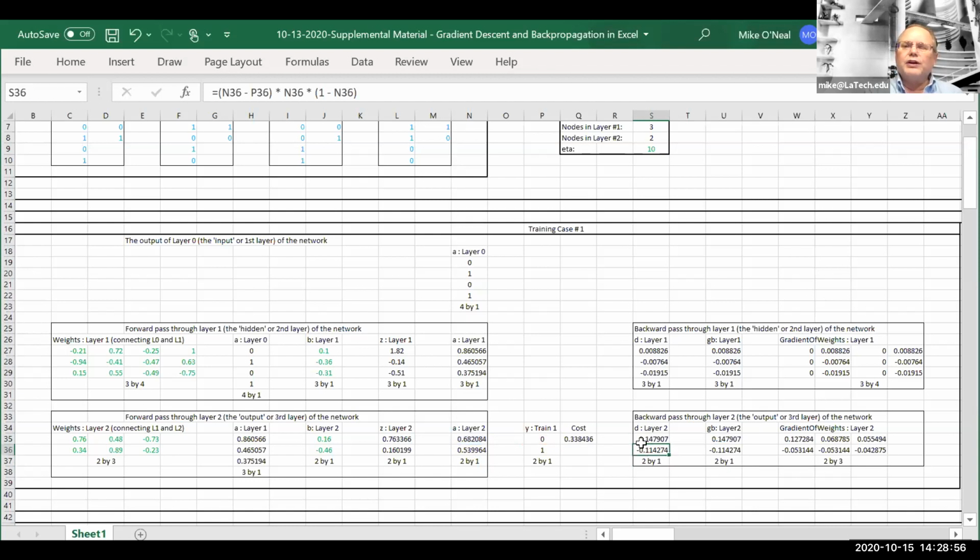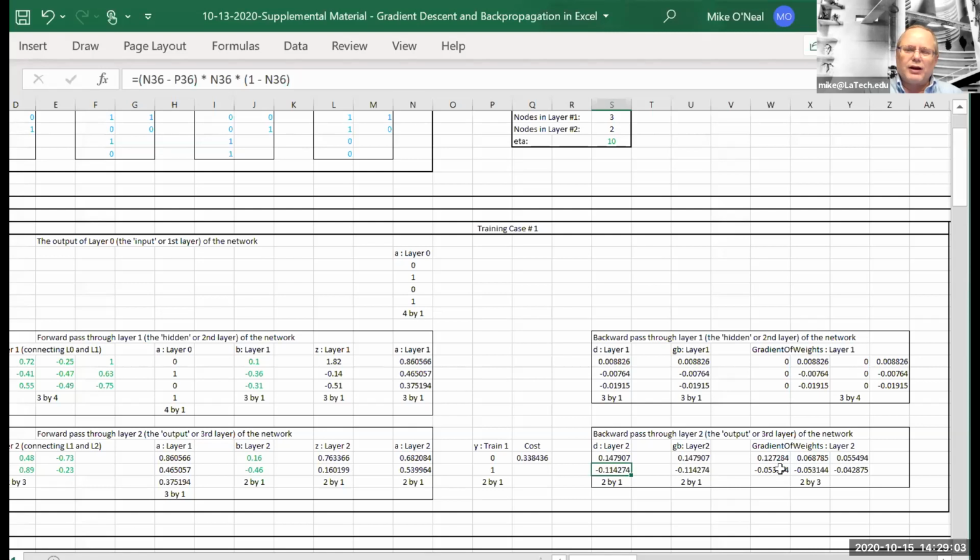And if we look, well, what about the weight gradients? Well, remember the weight gradients are, well, I guess you can't see it there.